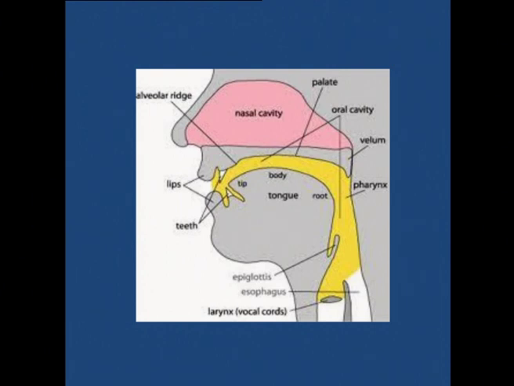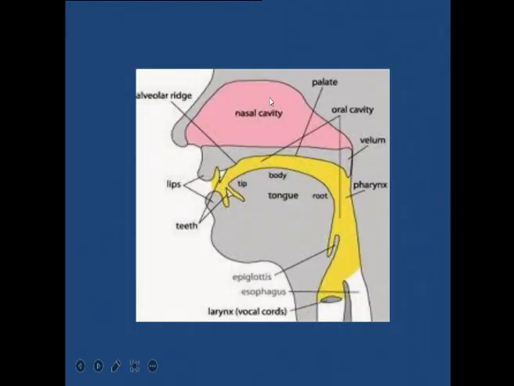The alveolar ridge is useful in regulating the air that comes from the lungs. Okay. So, the top one that is in pink color is the nasal cavity. The nasal cavity is located in the head of a human being, and it is used while producing sounds like ing, m, n.